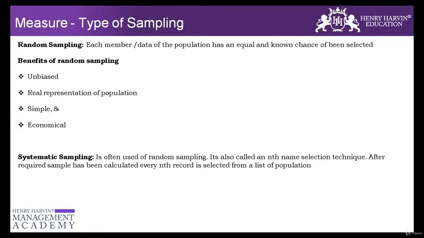Like if I have data in front of me and I have given a logic that I would pick every 10th data point: first I'll pick the first, then the 11th, 21st, 31st, 41st, etc. So I've given an nth selection technique. I can choose anything as per my convenience, but that is what systematic sampling is, wherein I'm applying a systematic logic to my sampling.